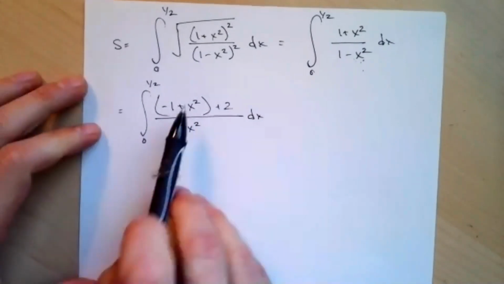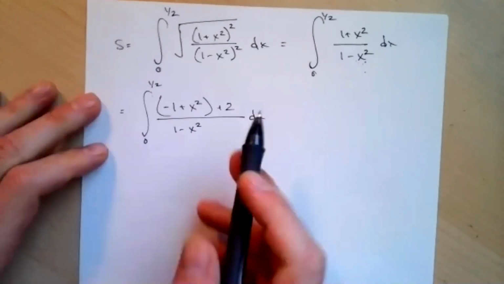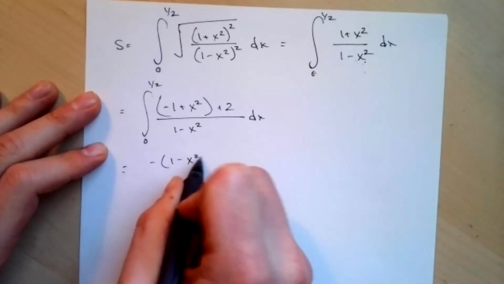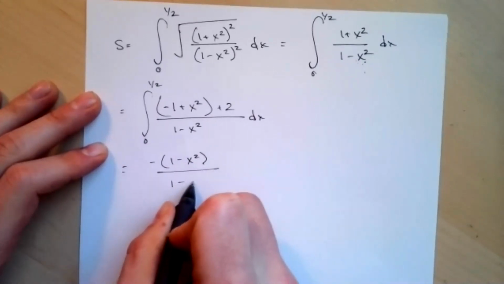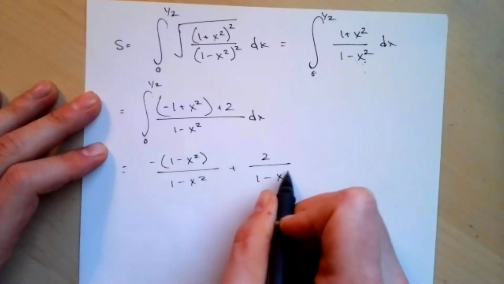So why did I do that? Well, I like this term because it's this term with a minus sign. So this is just negative 1 minus x squared over 1 minus x squared plus 2 over 1 minus x squared.